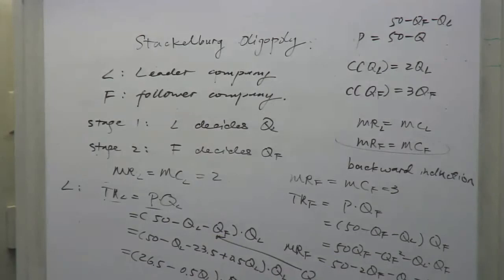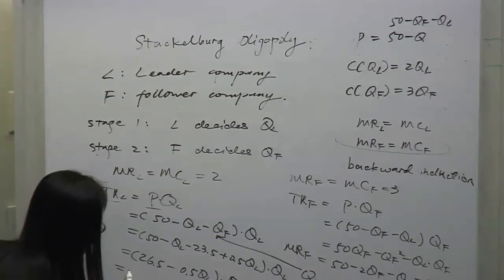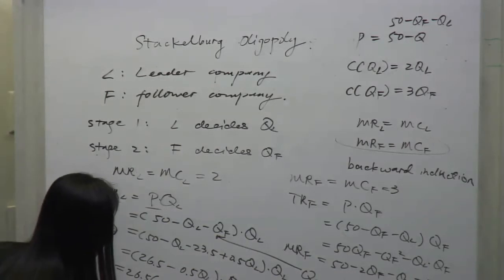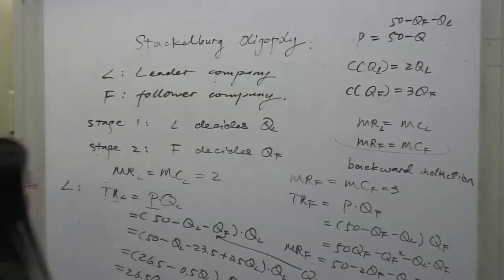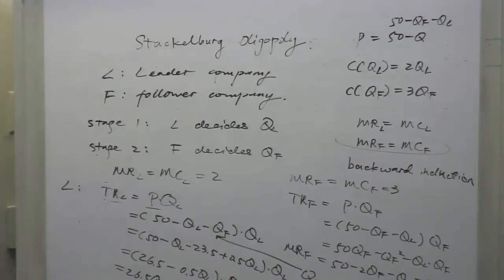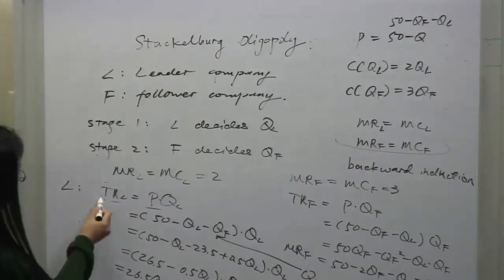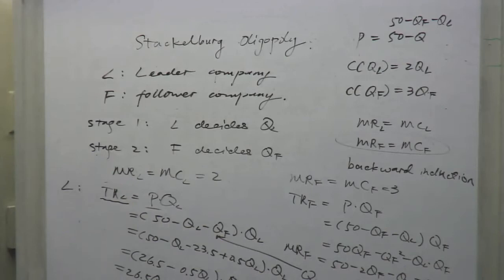I know that's exactly what I got, but I want to keep going. All right. So this is equal to 26.5 QL minus 0.5 QL squared. So this is our total revenue for the leader.